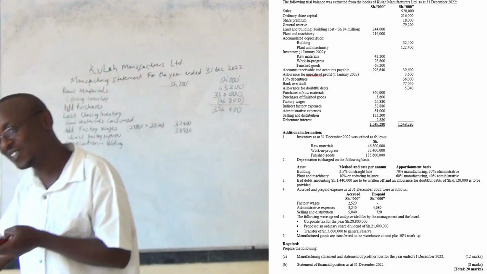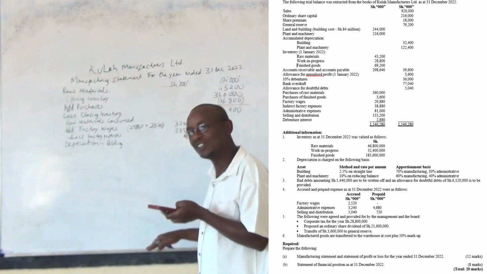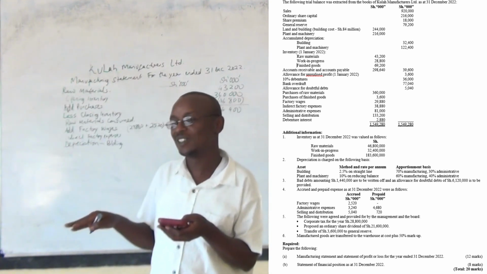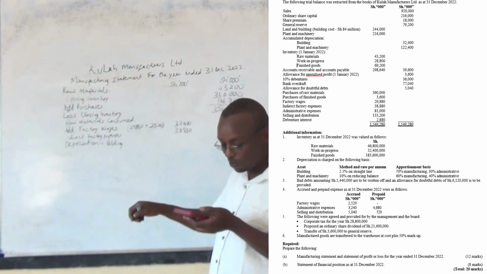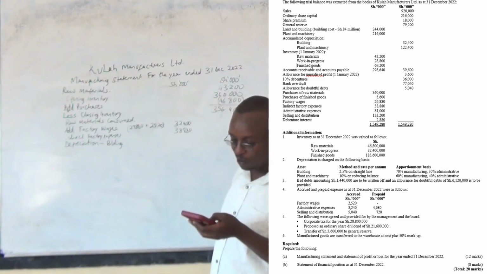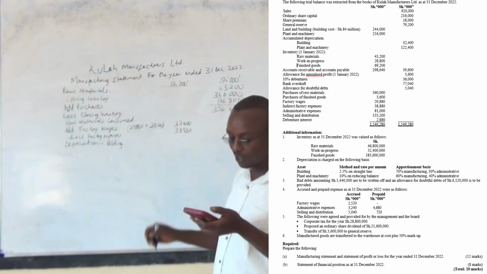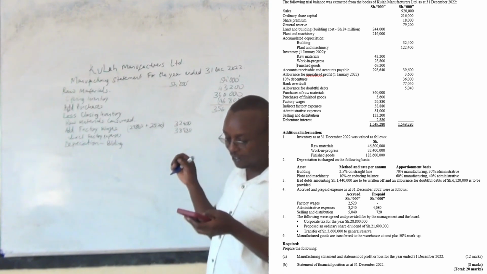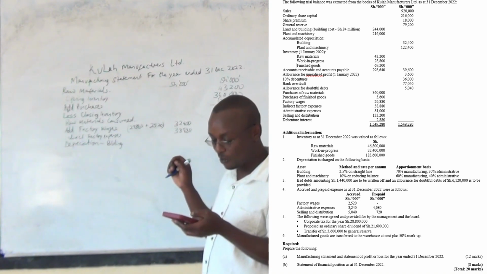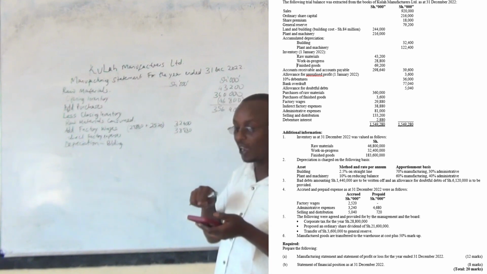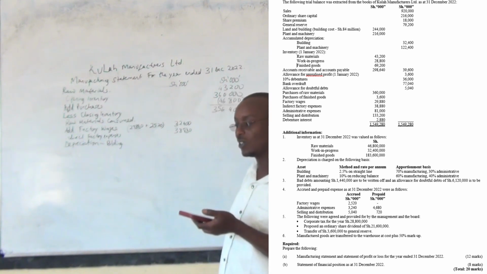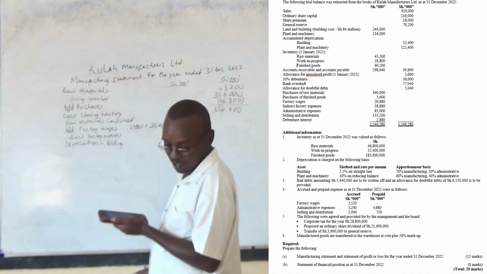It's an expense. We want all the expenses that we have incurred in the process of manufacturing. So building, it is 2.5% on straight line, and then we have apportionment. 50% is manufacturing and 30% is administrative. Can you see that? So for building, you do it like this.